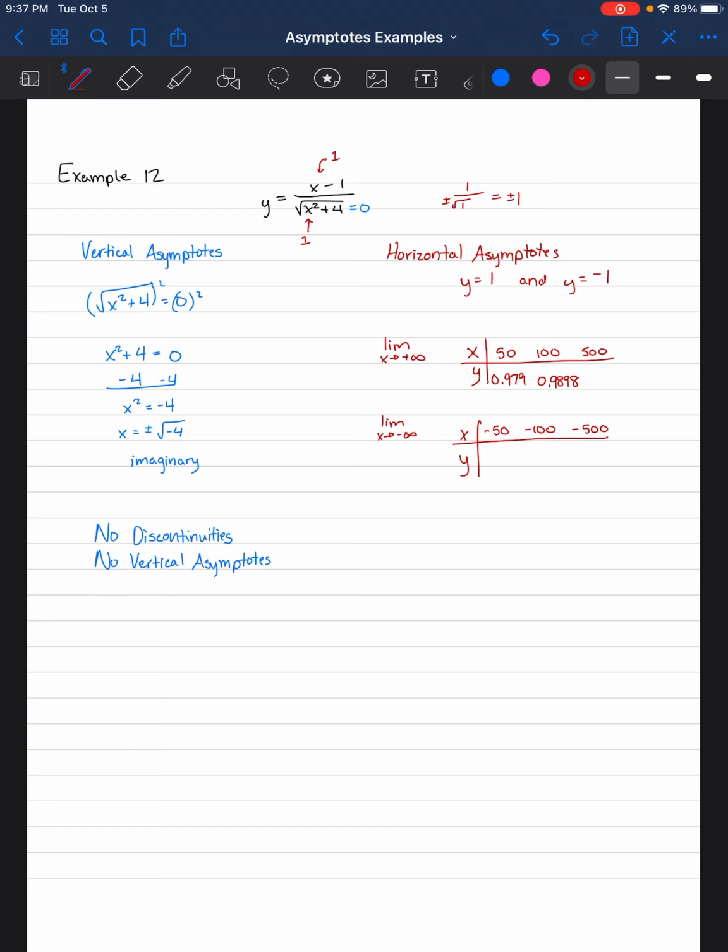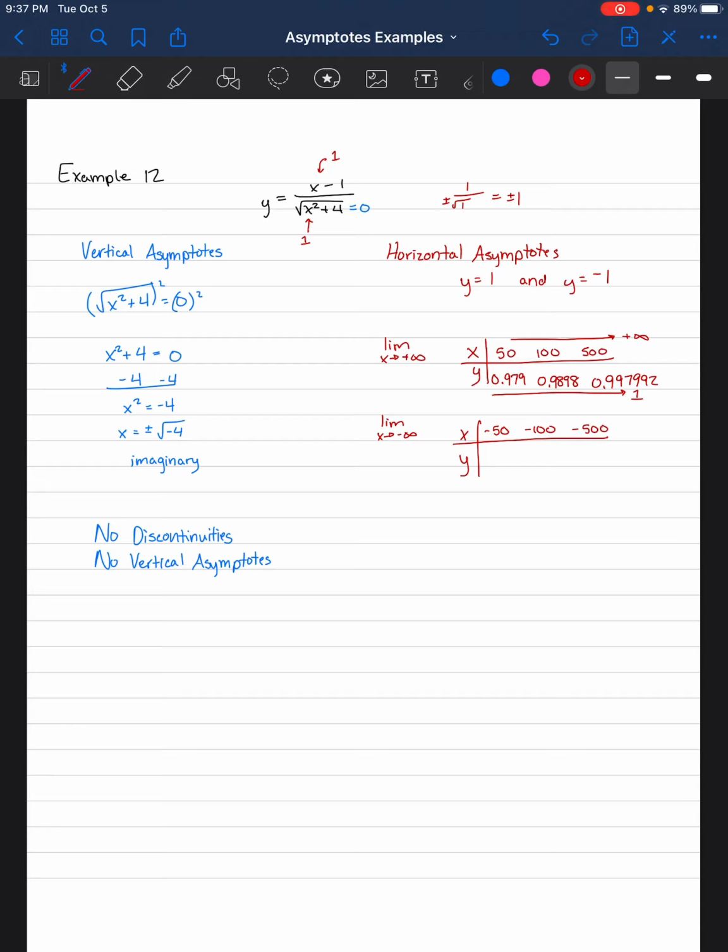And if I try 500, we get 0.997992, and a bunch of stuff after that. So as these x's head toward positive infinity, if I check these y values, they're headed toward positive 1.